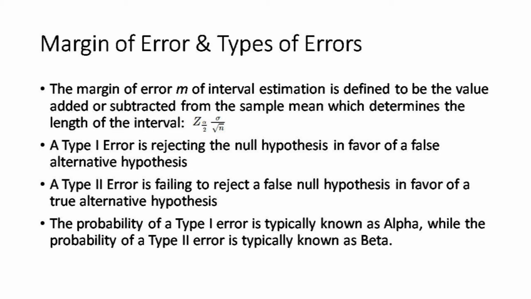So, in a nutshell, type 1 error is rejecting the null hypothesis in favor of a false alternative hypothesis, and type 2 error is failing to reject a false null hypothesis in favor of a true alternative hypothesis. The probability of a type 1 error is typically known as alpha, while the probability of type 2 error is known as beta.